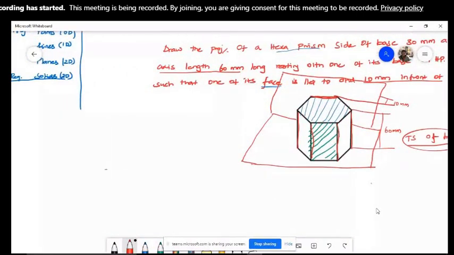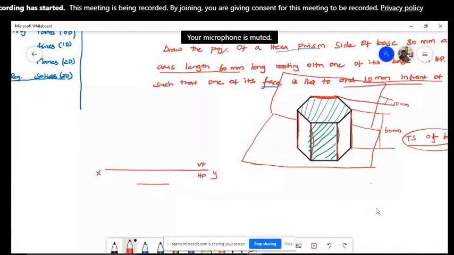So similar to that, you need to draw the reference line XY, and it is mentioned that it is 10 mm in front of VP. So this is my VP and this is my HP. So from the reference line, you draw a 10 mm line, and this face is parallel to VP, right? So this face should be drawn parallel to VP, something like this, at a 10 mm distance. Then you need to draw the hexagon, something like this.